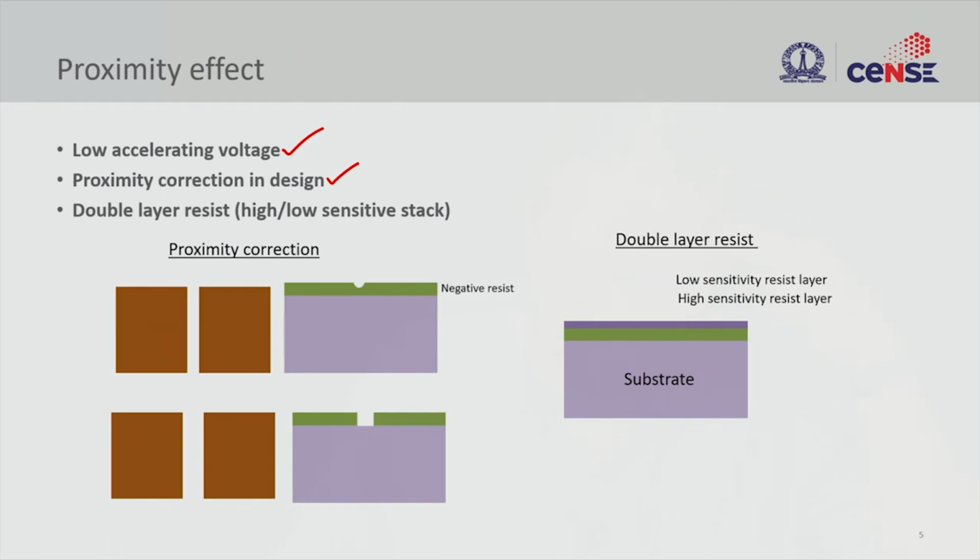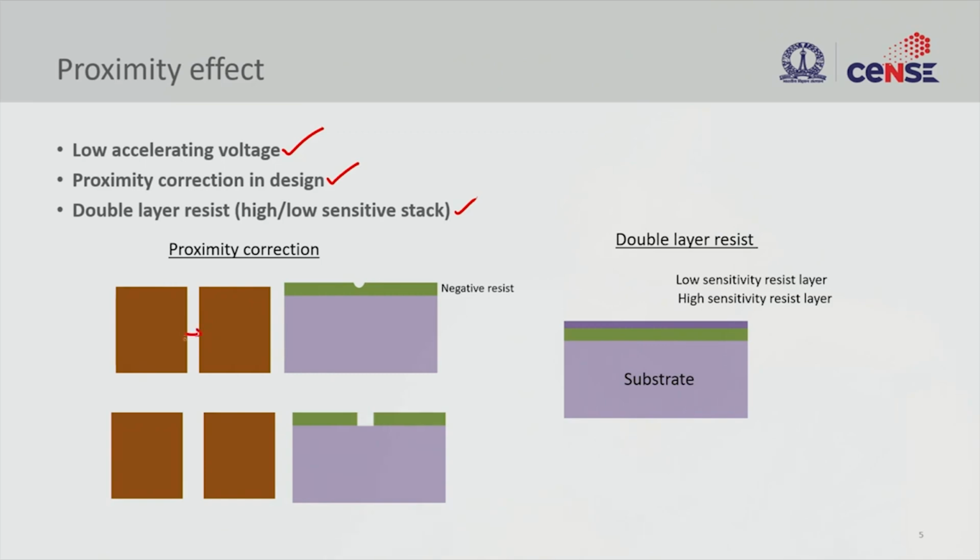It is very hard to control proximity error correction while you are writing. One way of doing that is by using a double layer kind of resist that will help you in proximity correction. So what is the proximity effect in electron beam litho? At the bottom left we have two examples.